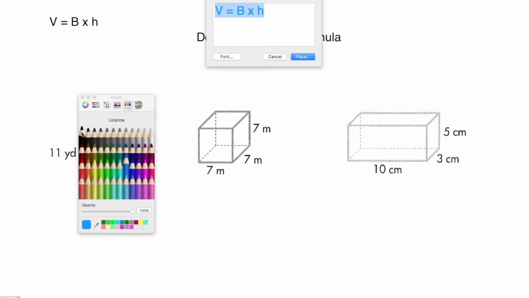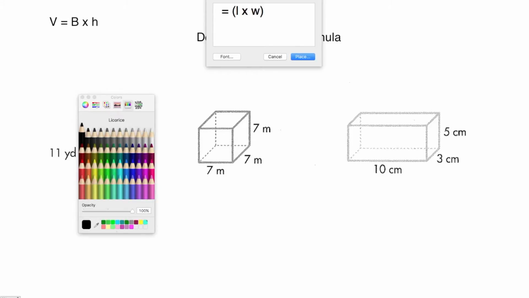Okay, now underneath the base, in parentheses, right here, you're going to write the formula for the area of the base, because the base is a two-dimensional object. We're just taking the two-dimensional part of it. So the formula for the area of a rectangle is length times width.